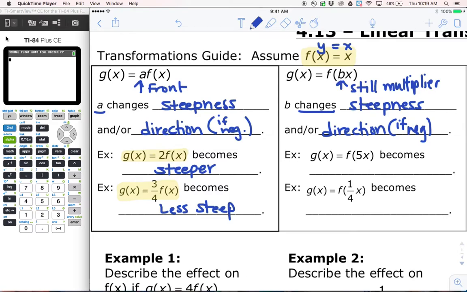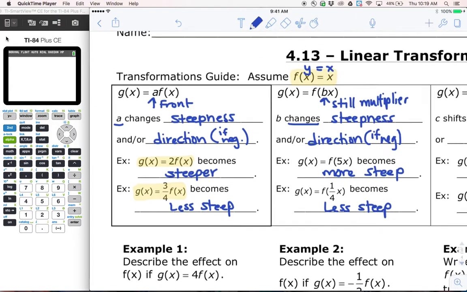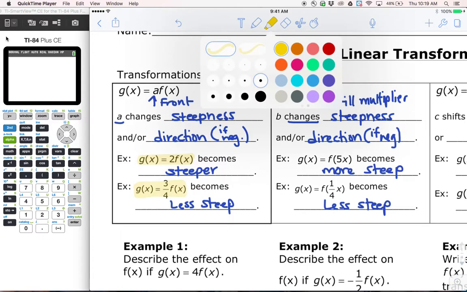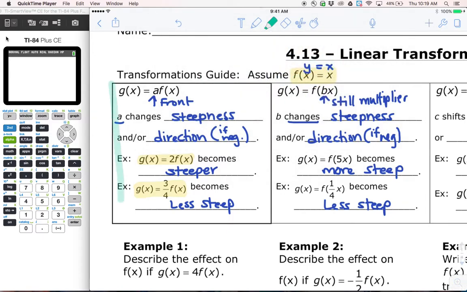Same thing as before. I have a number, and it's inside the parentheses now, but it's still a multiplier. If it's bigger than 1, for instance 5x, then it becomes steeper. And if that number is less than 1, like a 1/4 here, it's going to become less steep. What I want to do right now is summarize both of these boxes because they have similar rules.